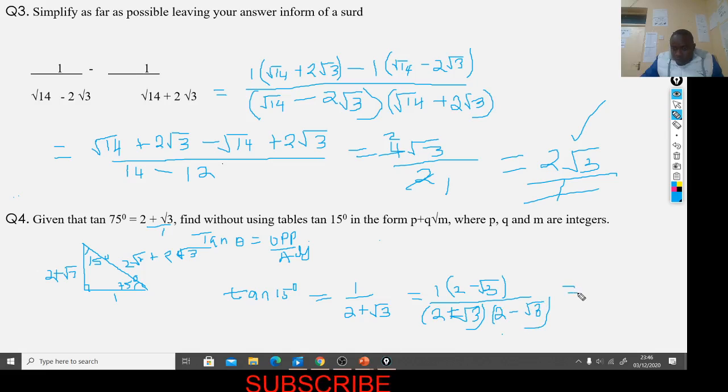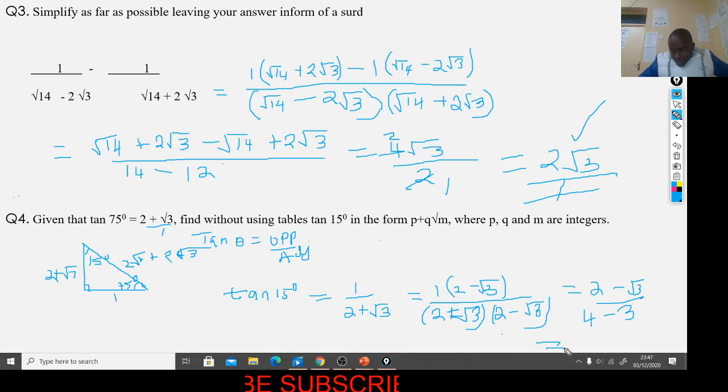This will be equal to 2 minus the root of 3 all over the difference of squares, 2 squared minus root 3 squared. 2 squared is 4, and root of 3 squared is 3, so 4 minus 3 gives you 1.